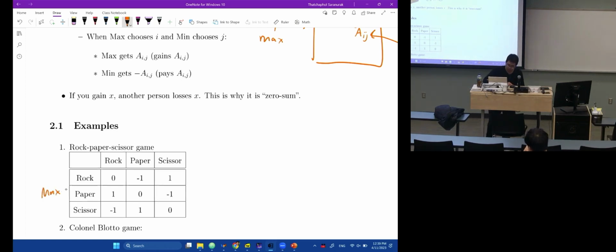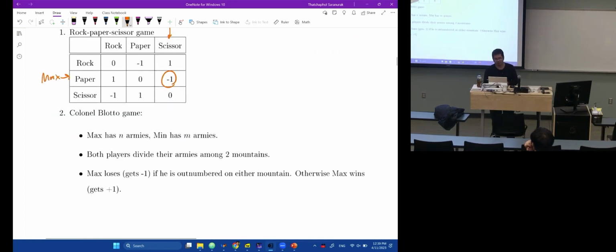Max player gets this, min player gets this. So the max player loses. So what the max player wants to do is to win. Maybe he wants the min player to choose wrong. So this is a kind of game that we all know. Okay.